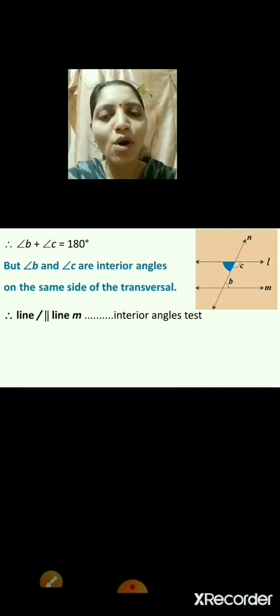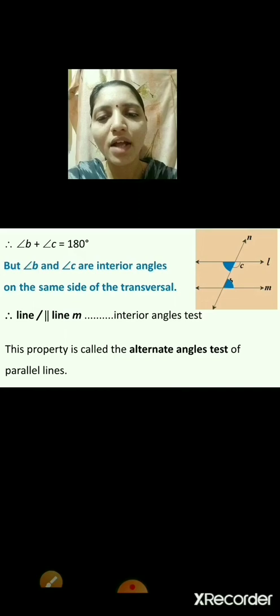I hope you all have understood this. We have proved the alternate angles test. This property is called as alternate angles test of parallel lines.